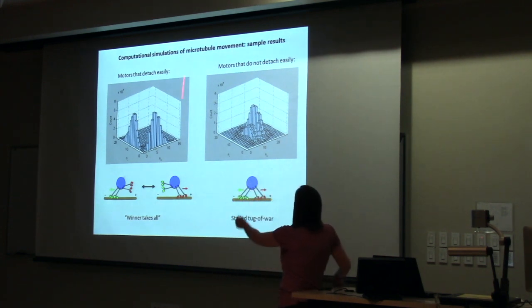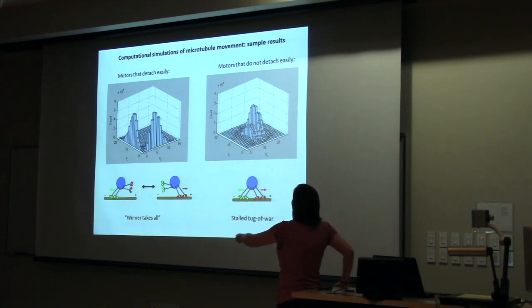The other regime of behavior that I see with the model is that if I assume that the motors do not detach easily, they have a high detachment force, then we get more situations like this where we have a large number of motors of both types attached to the microtubule, and we end up with stalled tug-of-wars.